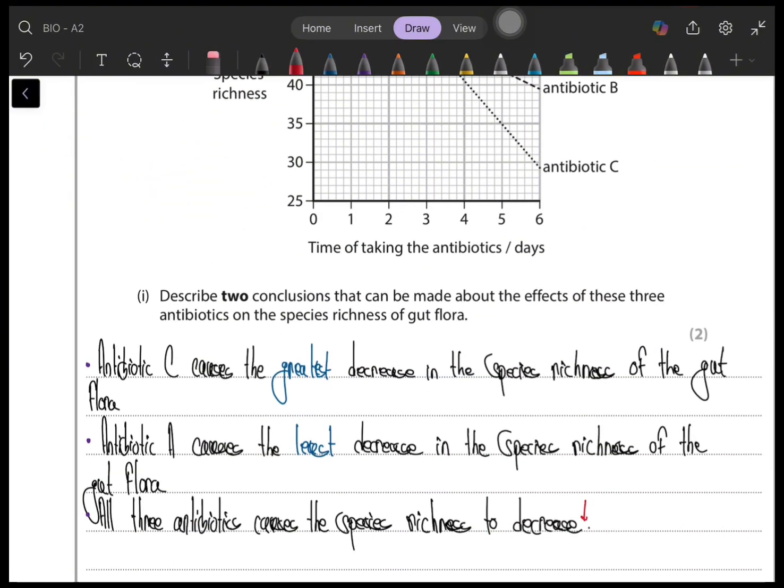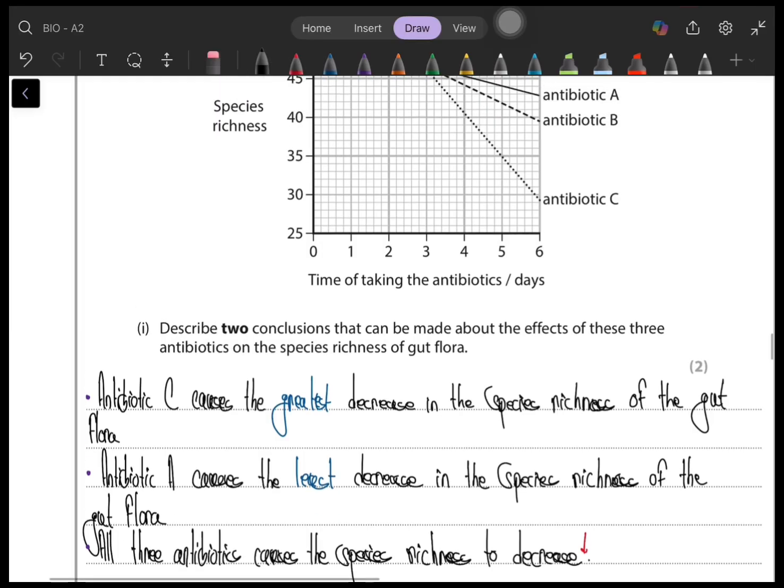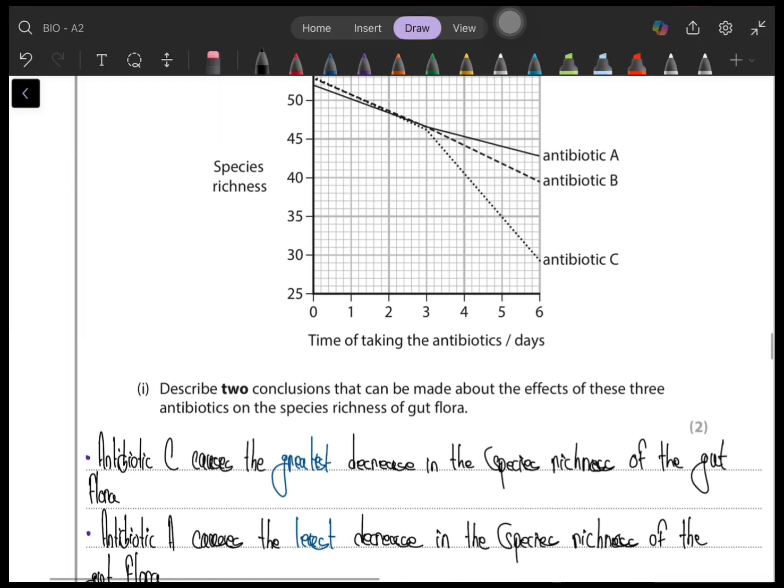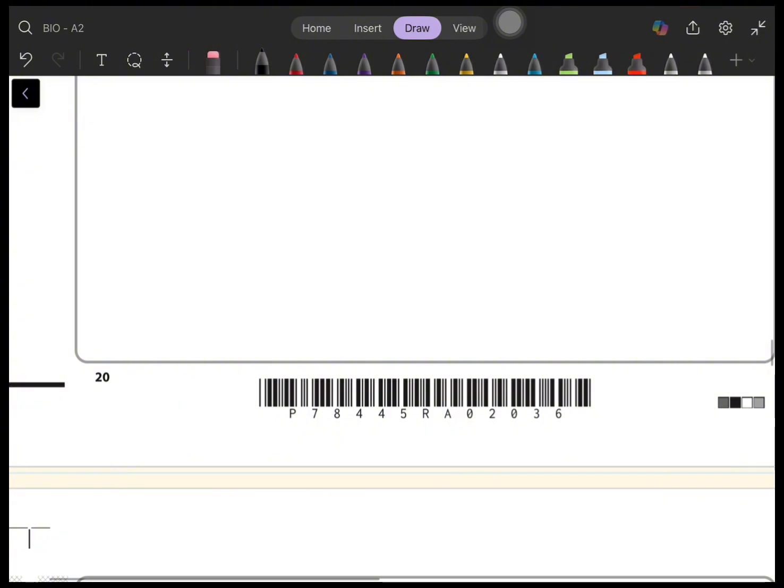Antibiotic C causes the greatest decrease in species of the gut flora, and all the antibiotics cause the species richness to decrease. You can also add a follow-up point, that antibiotic A causes the least decrease in species richness of the gut flora. Right, let's just move on.